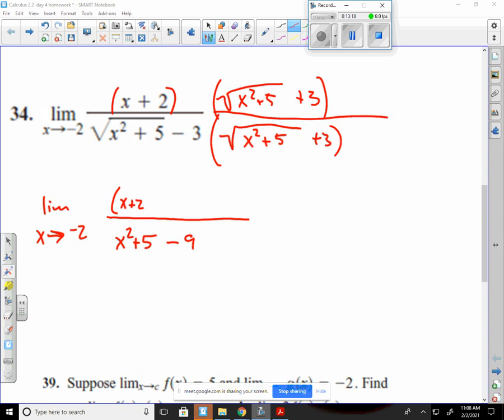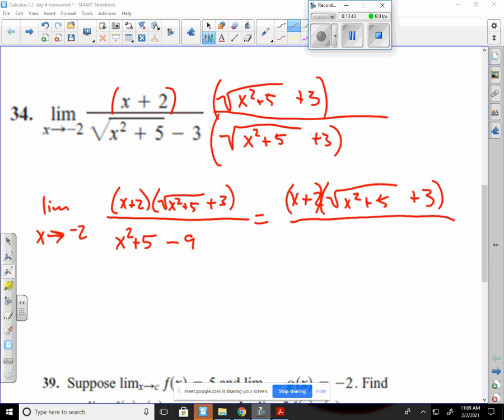Up on top, leave that the same. On the bottom, I can simplify that now. X plus 2 times the square root of x squared plus 5 plus 3. On the bottom, that becomes x squared minus 4.